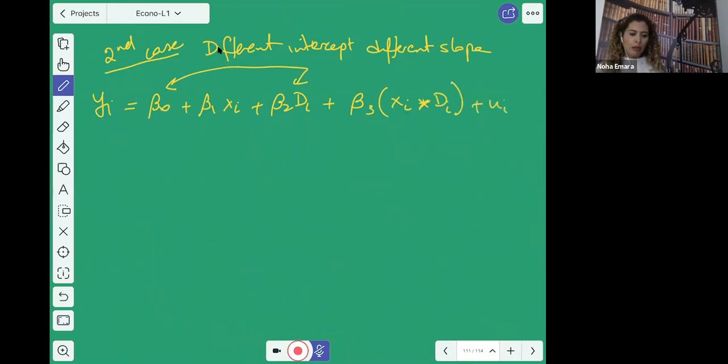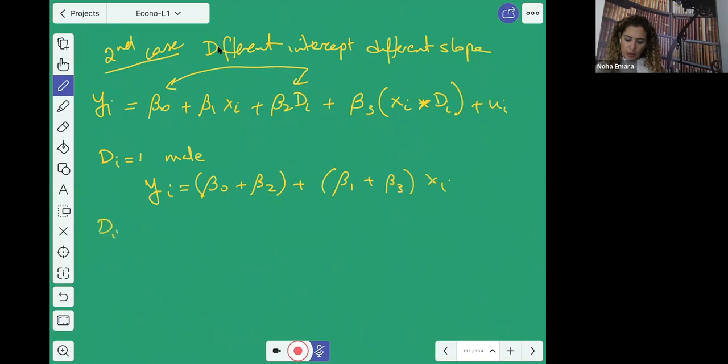So again, we're going to do it the same way. When di is equal to 1, I'm going to get the male regression, and when di is 0, I'm going to get the female regression. The di equals 1 case is the male regression depending on our definition. Just plug in 1 everywhere and combine the intercepts: beta 0 plus beta 2, plus beta 1 plus beta 3 times xi.